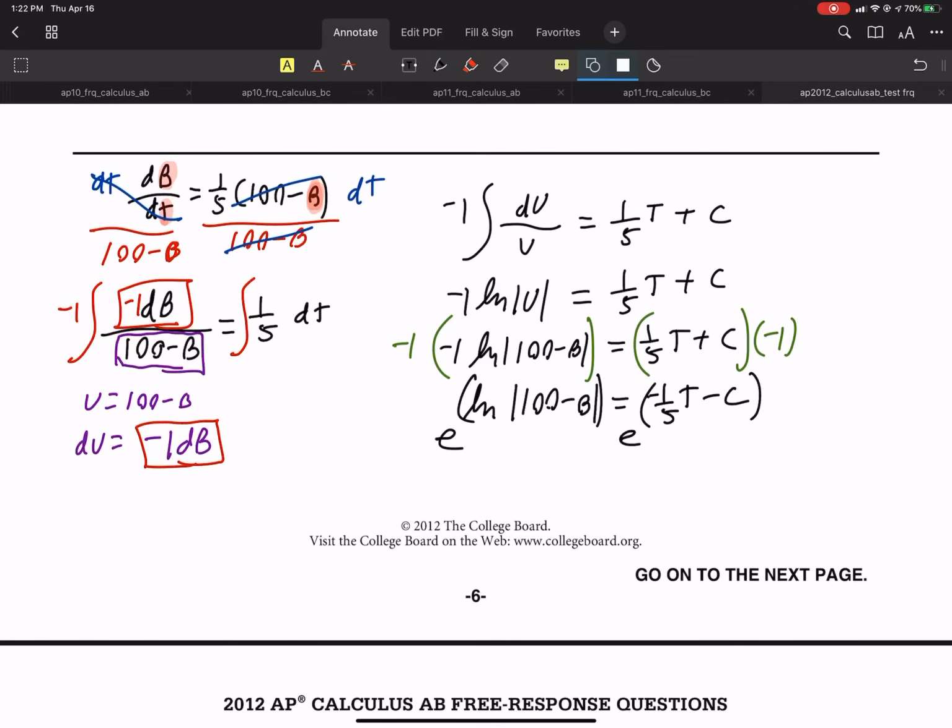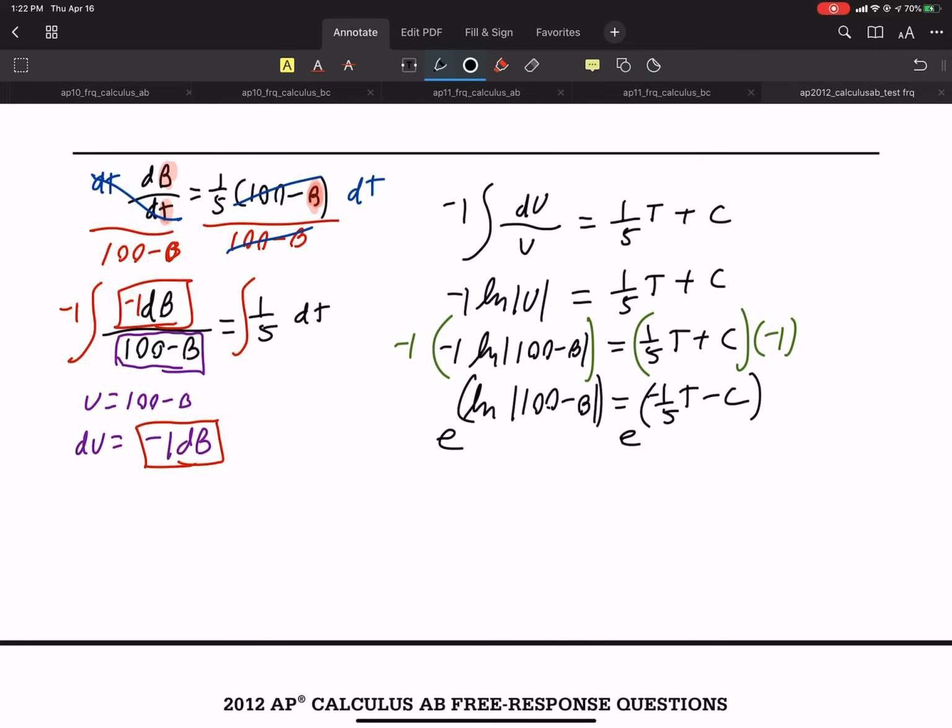Let me get rid of all this stuff here. All right. So these are just going to cancel out, leaving that. Now the right side I'm going to split up. Like that.